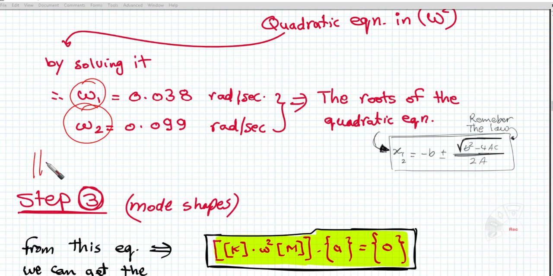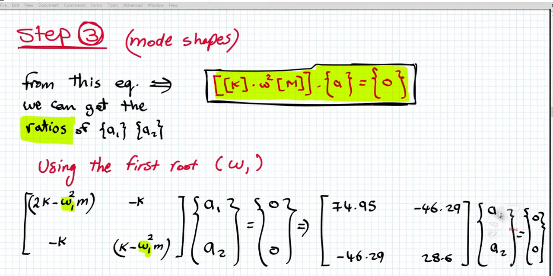Let's go to the third step in our strategy of the solution. Step number 3 is related to the mode shapes. And remember, in the last video we were talking about this equation.